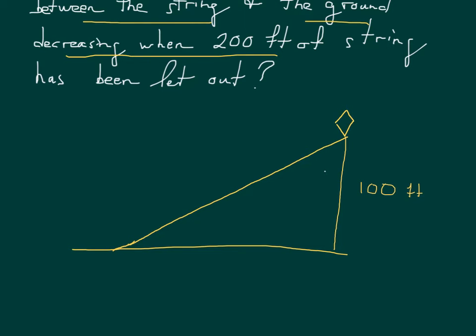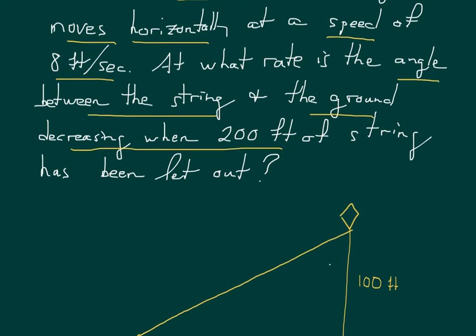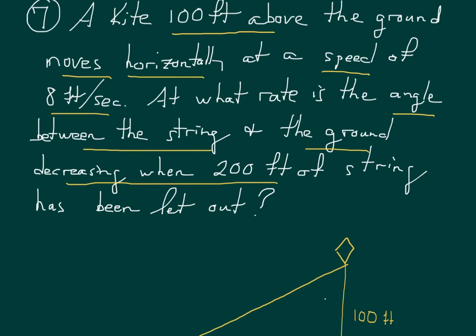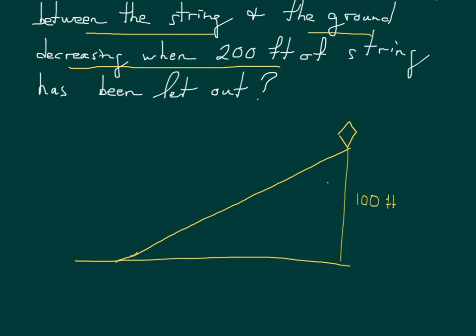What is our question? Our question is, as this kite moves horizontally at 8 feet per second, at what rate is the angle between the string and the ground decreasing when 200 feet of string has been let out? So what does that say?